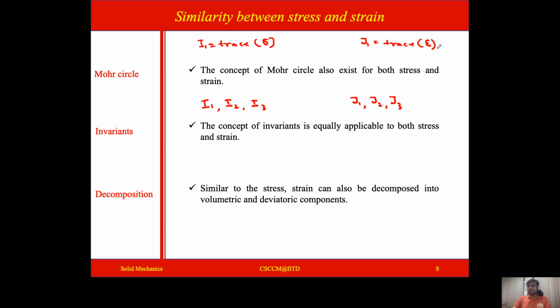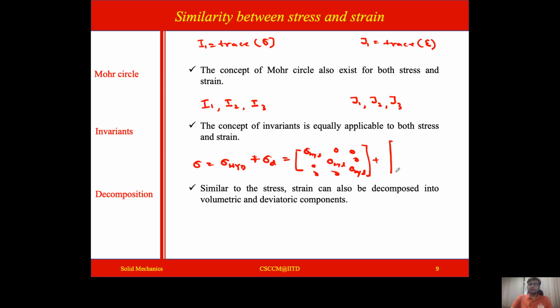The last part is decomposition. If you remember, if we have a stress, we can write it as hydrostatic stress plus deviatoric stress. The hydrostatic part was sigma HYD, sigma HYD, sigma HYD, and everything else was 0.